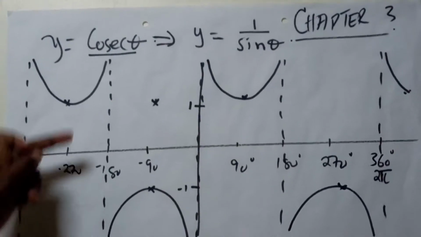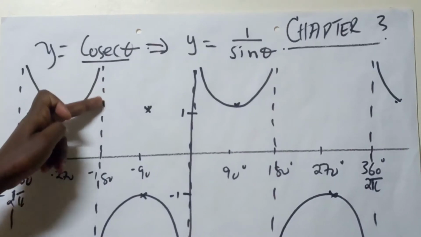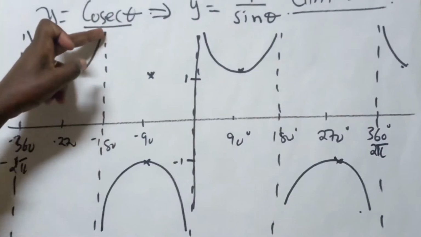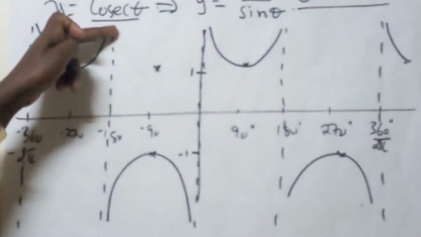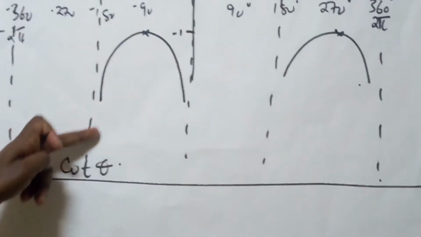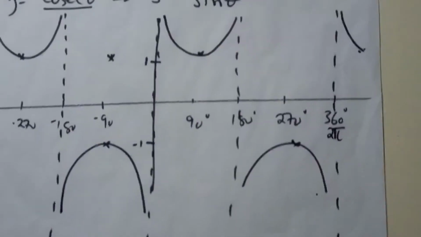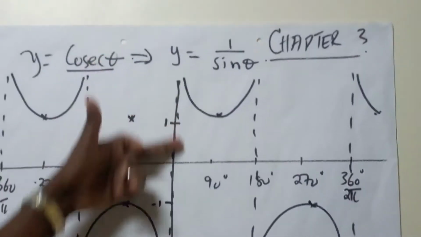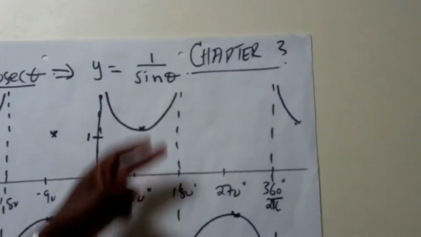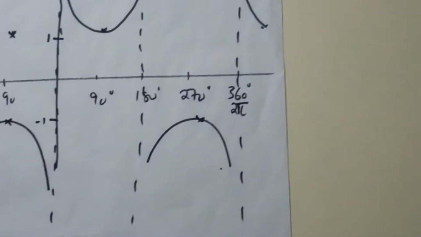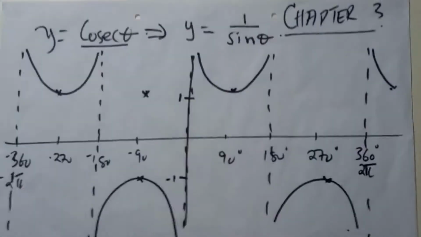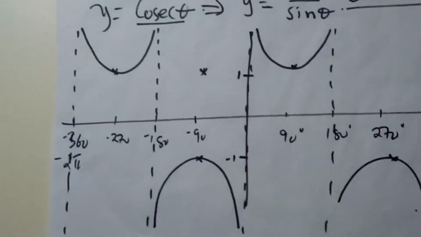Again, sine of negative 180 is still 0, and 1 over 0 is not defined, so we have an asymptote along negative 180 degrees. Sine 0 is 0, another asymptote. Sine 180 is 0, another asymptote. And sine 360 is 0, and we have another asymptote at that point.